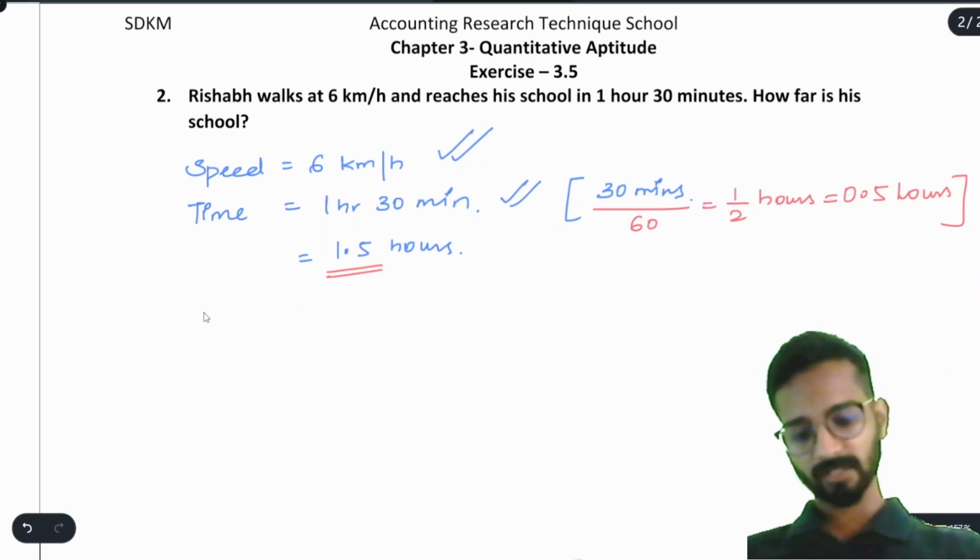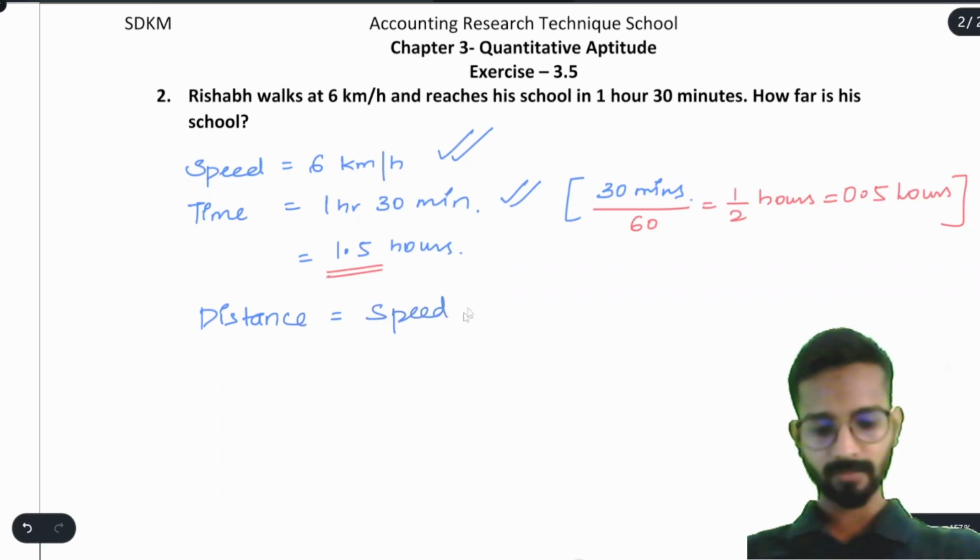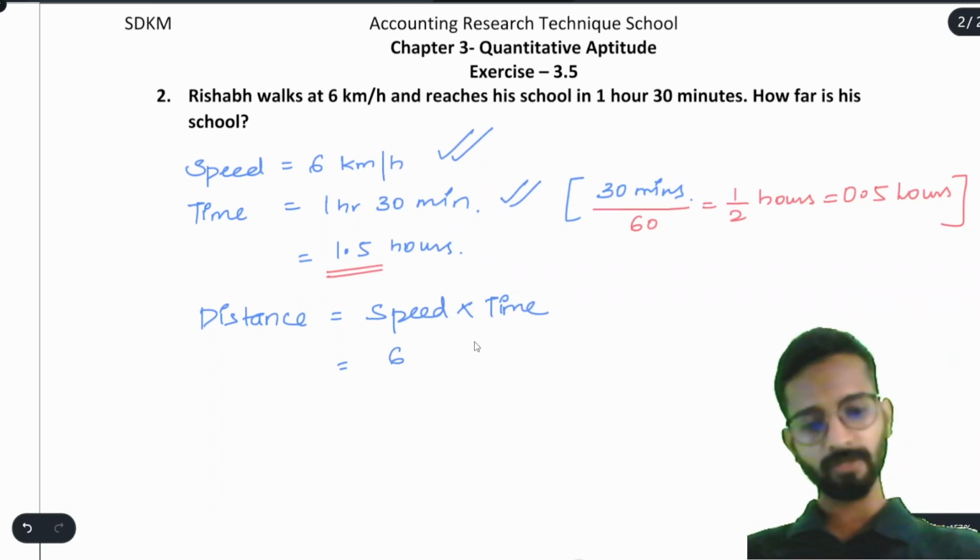Speed is given, time is given. We can find the distance easily. Distance is speed into time, that is 6 into 1.5. Or just see how the units work. 6 kilometers per hour, time is 1.5 hours.